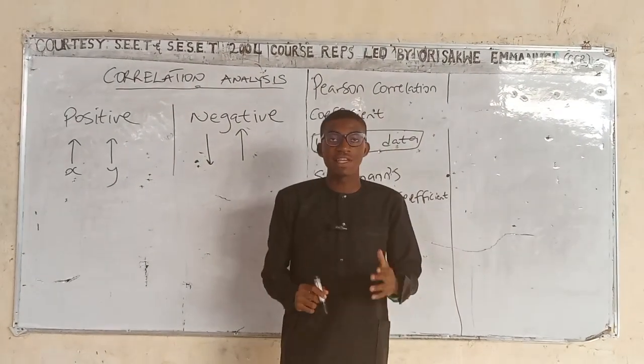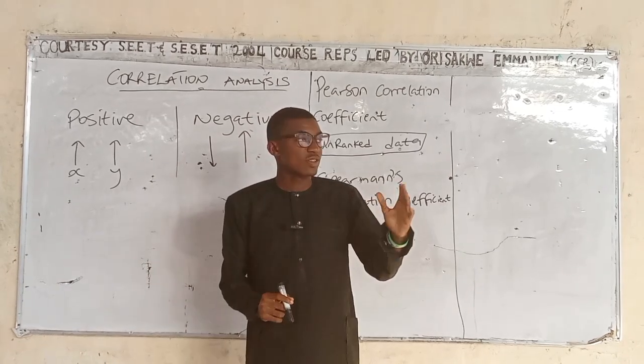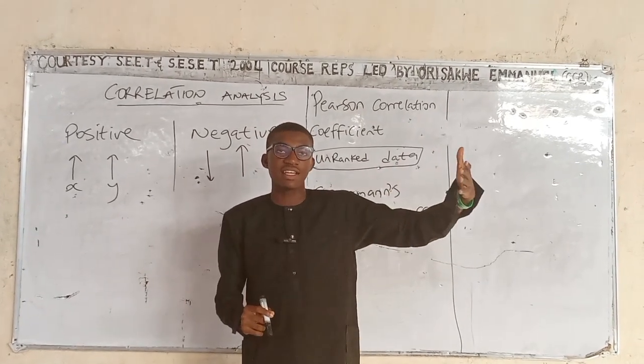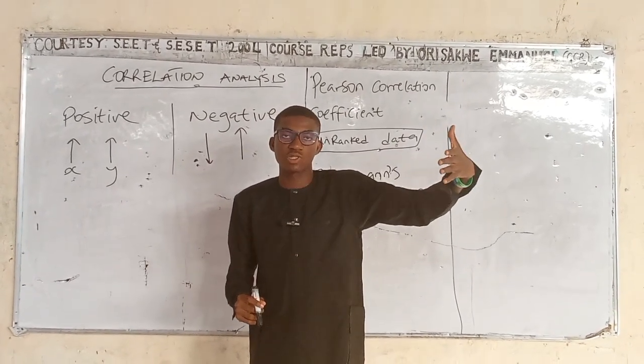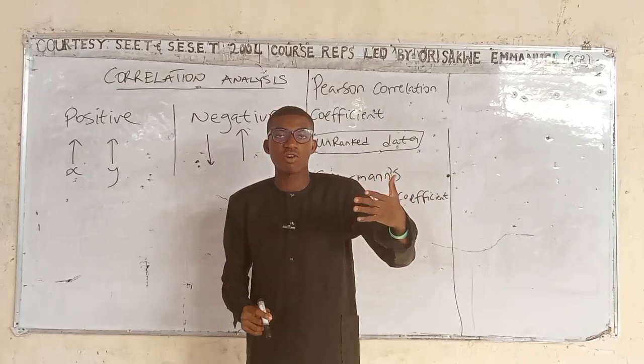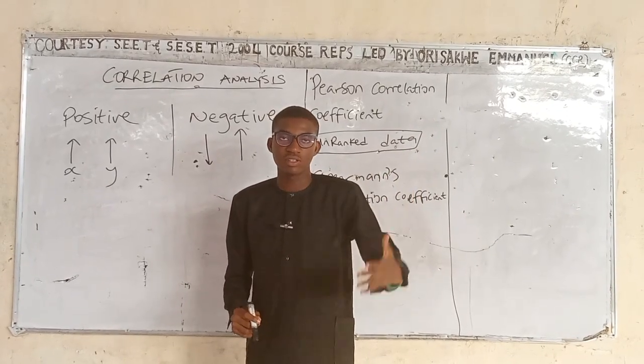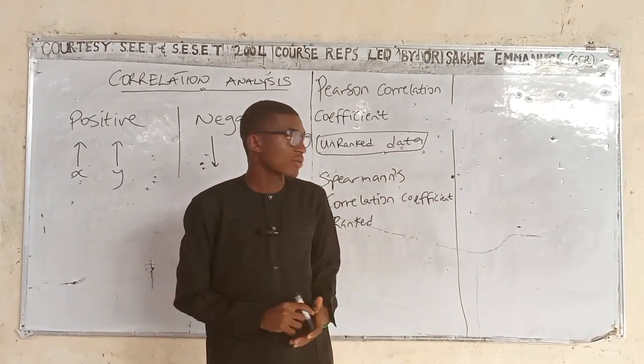Ranked data means if they give you data like this guy is first position, second position, third position, in the form of ranking, or first grade, second grade, third grade. That's what ranked data is all about.